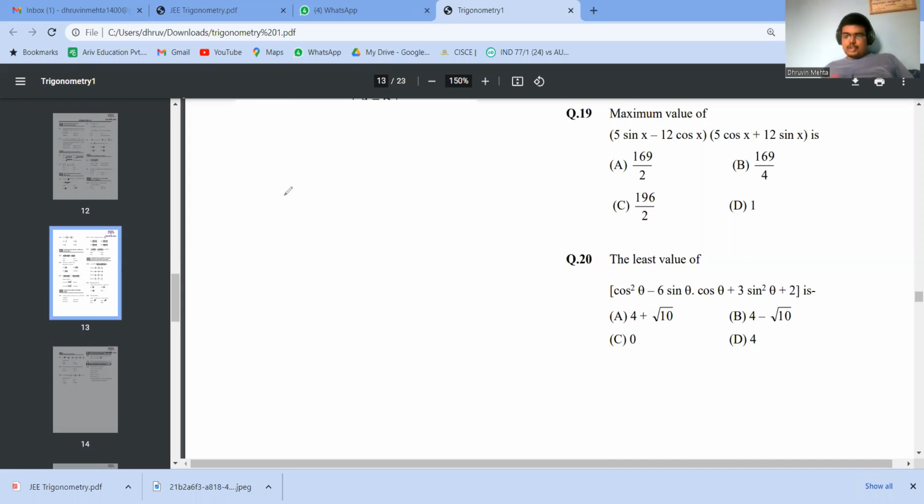Yes guys, so what are you doing for this? Cos square theta minus 6 sin cos plus 3 sin square theta plus 2. Yes, Muskan, Arush, Trisha, how are you solving this?